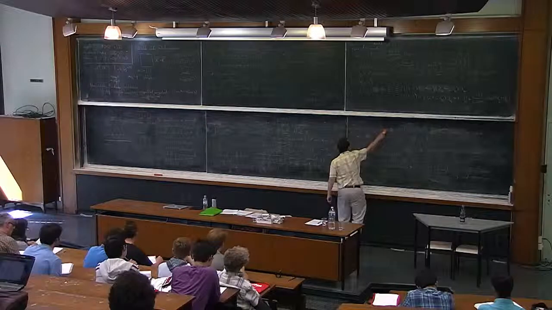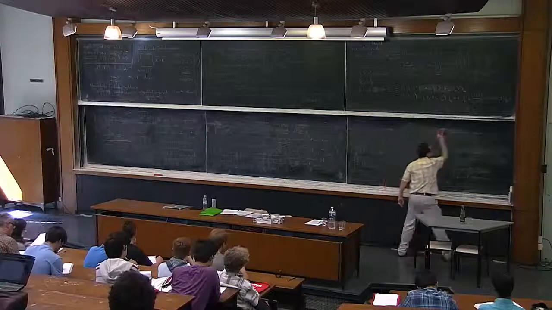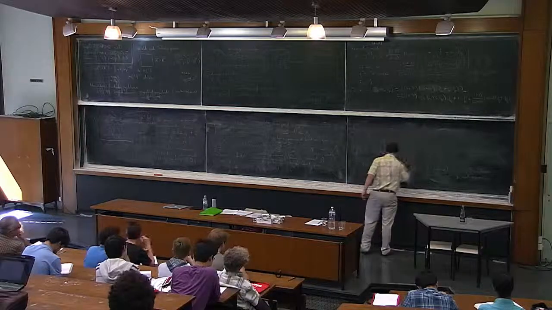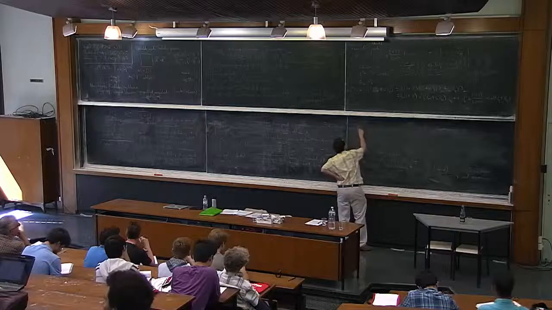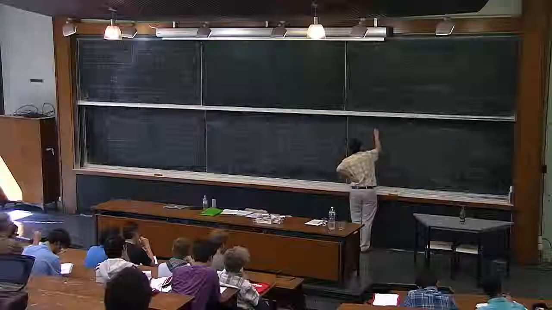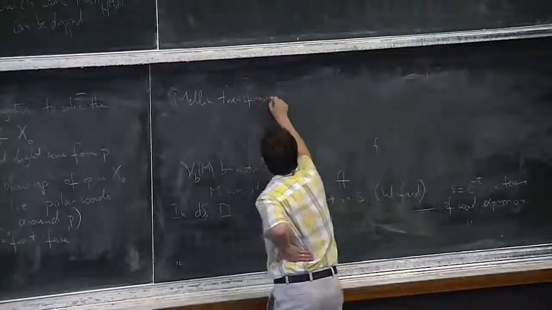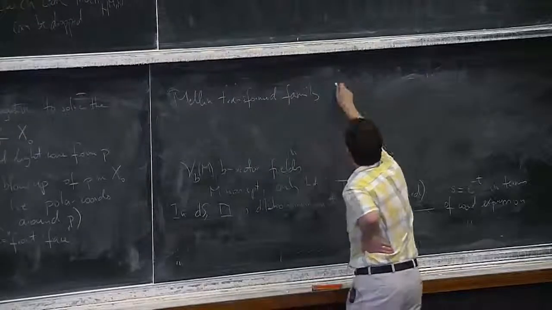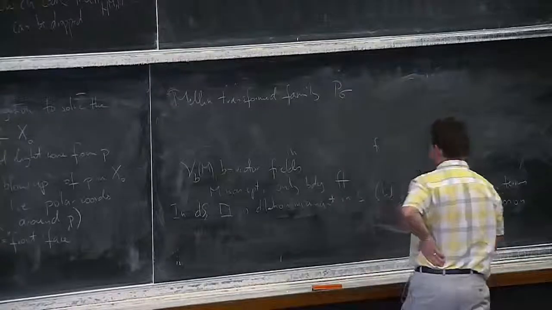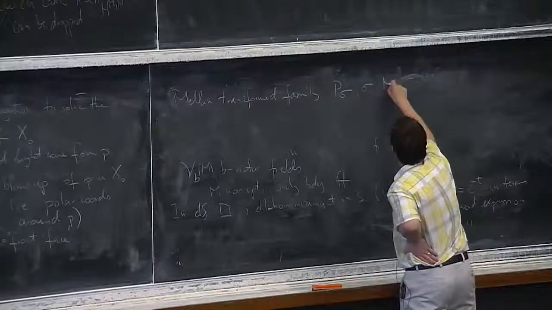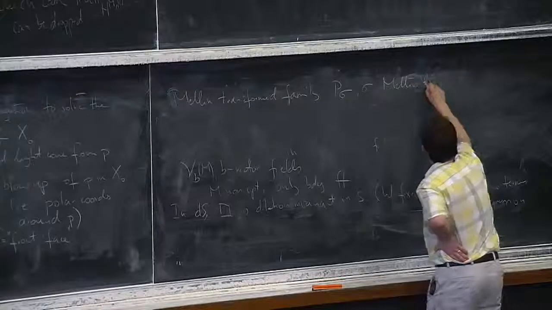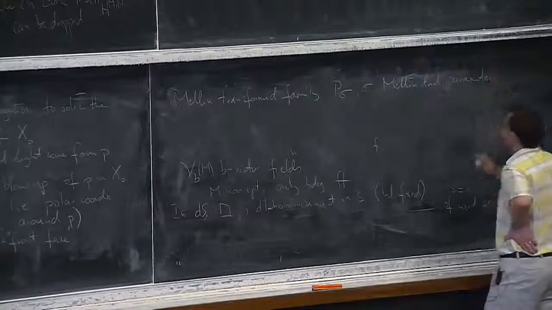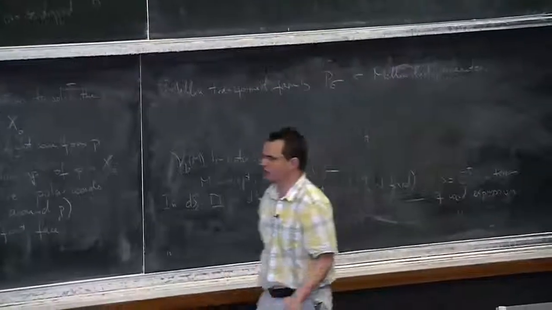Maybe I write it here. The Mellin transform family, I'm going to call it again P sigma, where sigma is now the Mellin dual parameter, is in fact of the same general form.